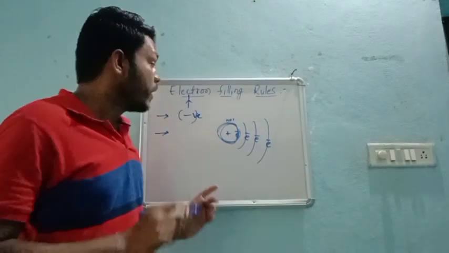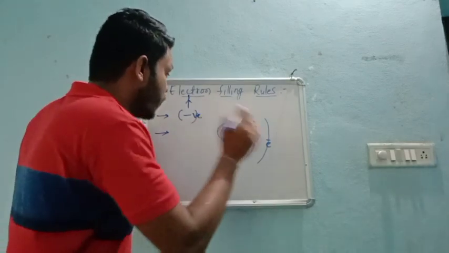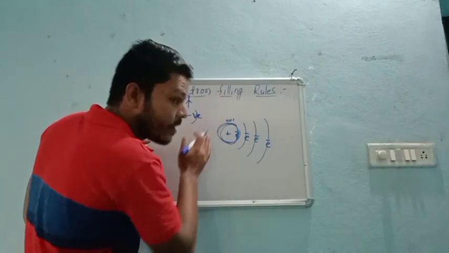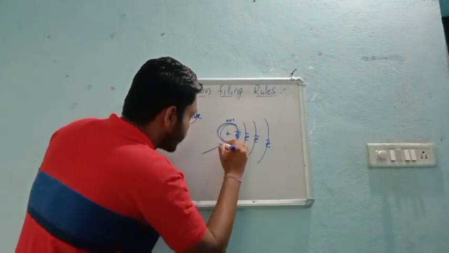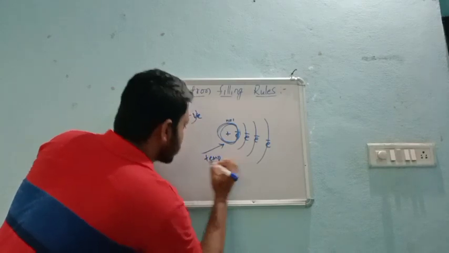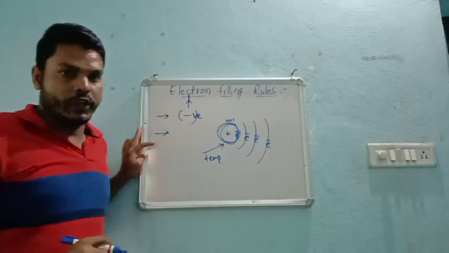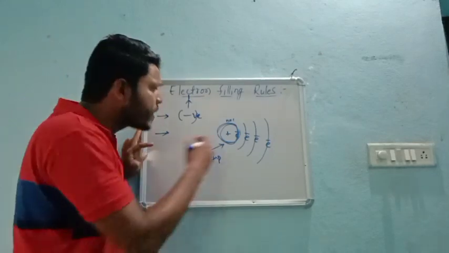When an electron gains or loses energy means, say for example, consider this as one atom and these are the electrons, and consider that we are applying some physical change. That means by applying external temperature, we are just changing the energy.